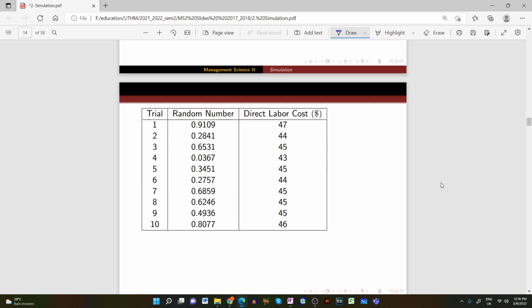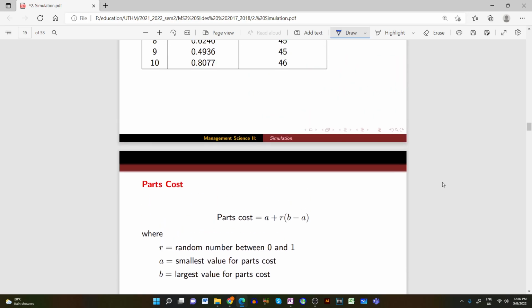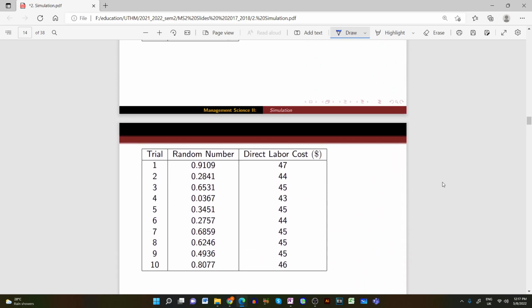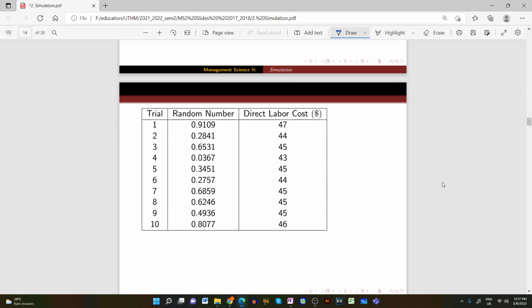So the same thing goes for the part cost and demand. We're going to have some random numbers. Give you some time to copy this first.